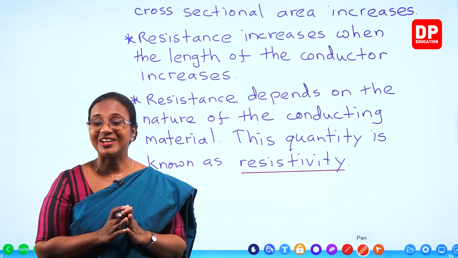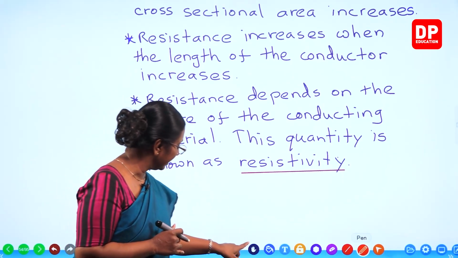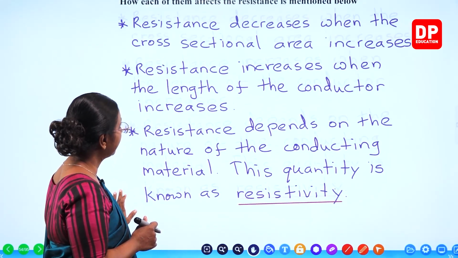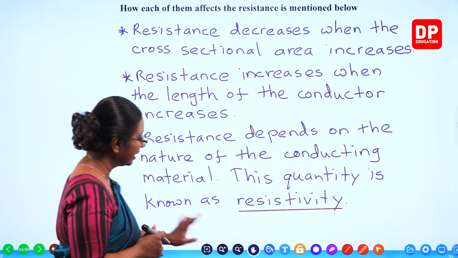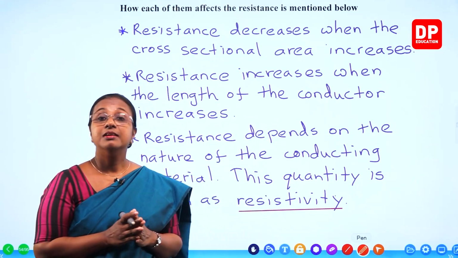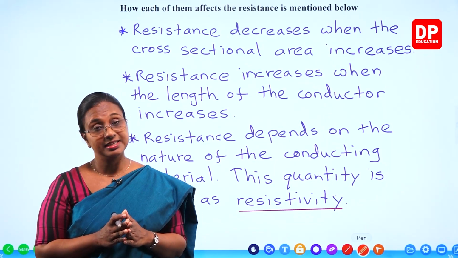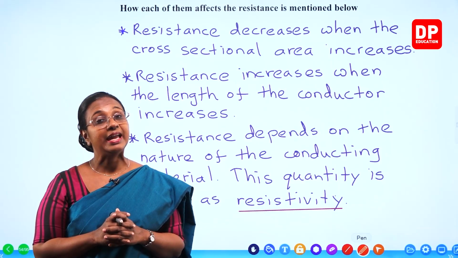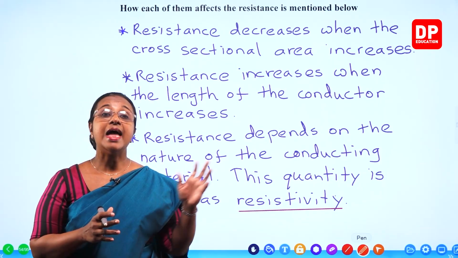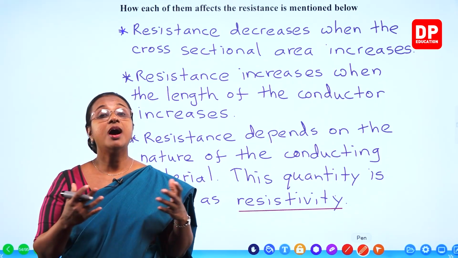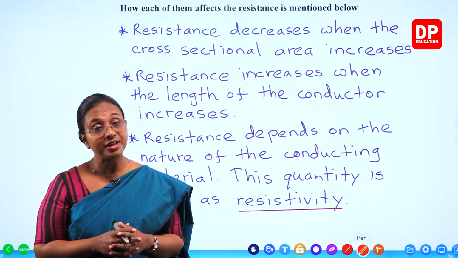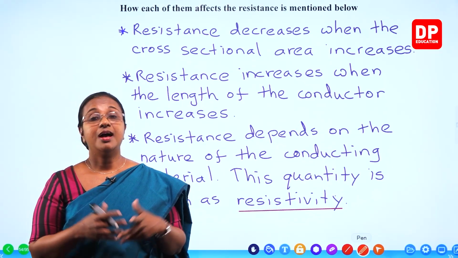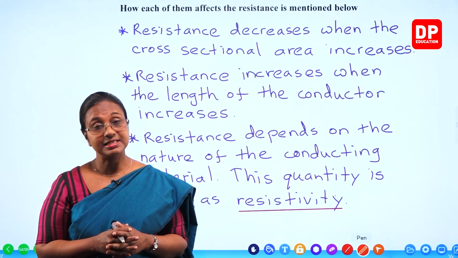I am sure you all can understand all these very clearly. The three factors and how they affect the resistance of a conductor. With that, students, I am going to end this chapter, and in the next chapter also I will be discussing resistors and how they are connected in circuits.